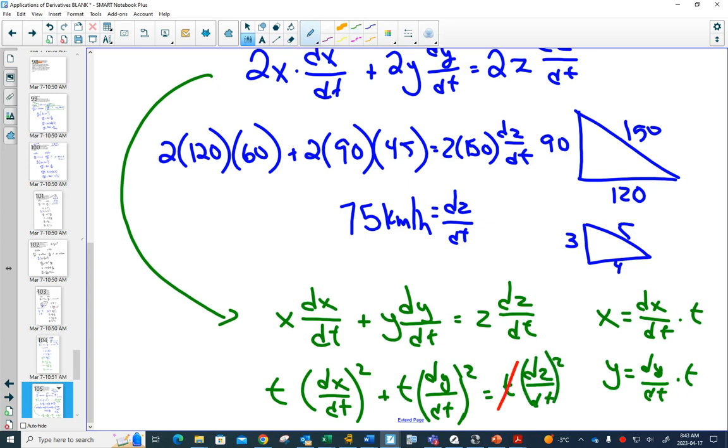Then you can divide everything by t. You do show that dx dt squared plus dy dt squared equals dz dt squared.